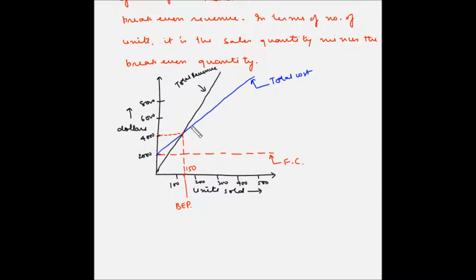Now let's say the company continues to produce more and at the end of the year produces 300 units.